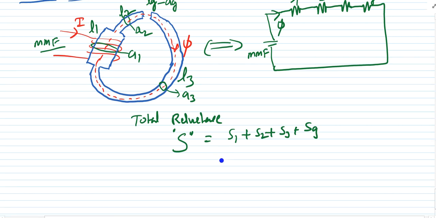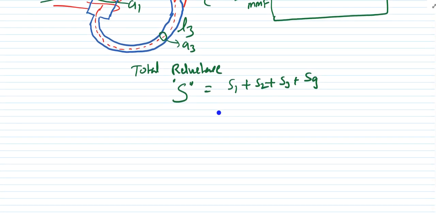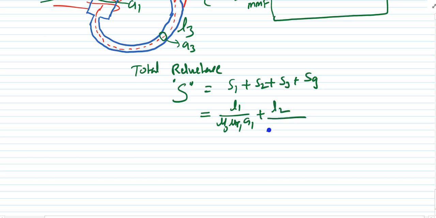So S1, S2 and Sg, like that you can show the total reluctance, and you can derive it: L1 by mu naught mu R1 A1 plus L2 by mu naught mu R2 A2 plus L3 by mu naught mu R3 A3 plus Lg, this is the air gap length, by mu naught, where mu r is nothing but 1, isn't it?